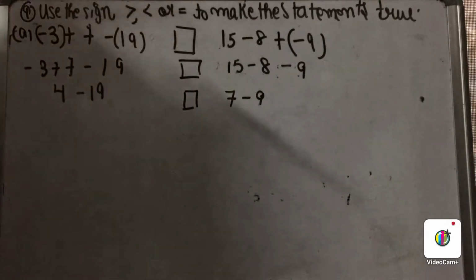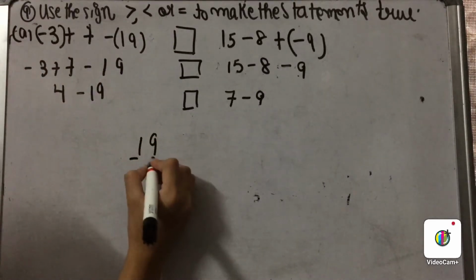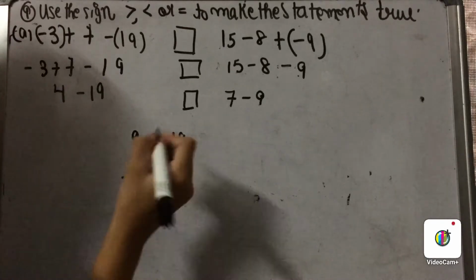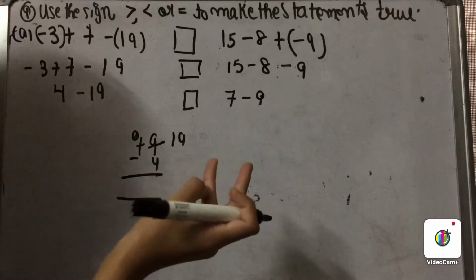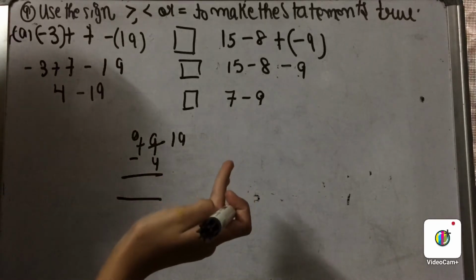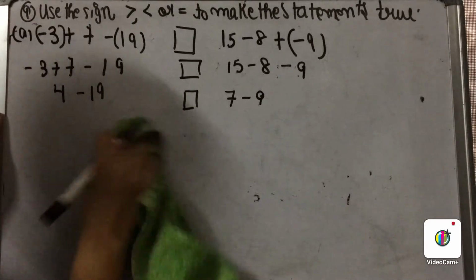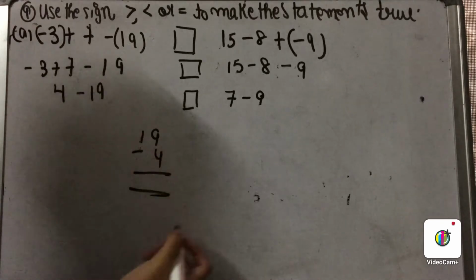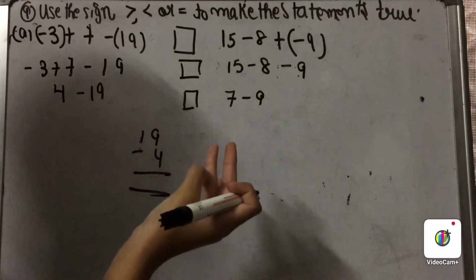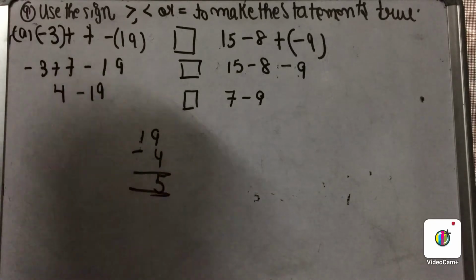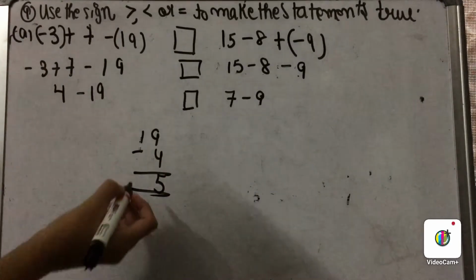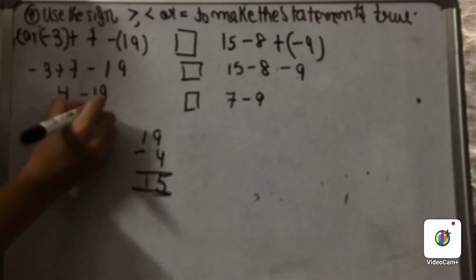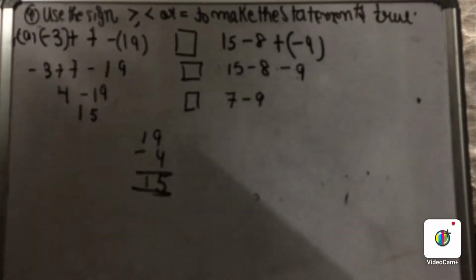So 4 minus 19 will be 19 minus 4, so it would be 4, 5, 6, 7, 8, 9, 10, 11, 12, 13, oh there was no need to carry, 19 minus 4, so it would be 4, 5, 6, 7, 8, 9, so it would be 15. So 4 minus 19 equals 15, but now what would its sign be?